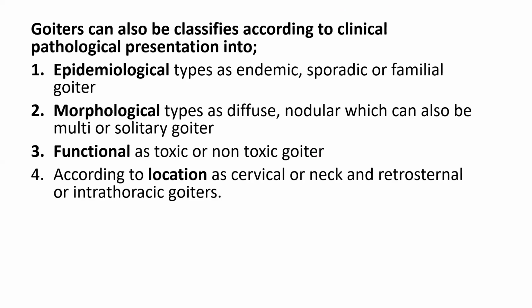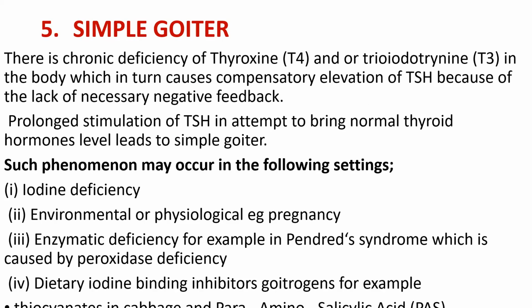But also can be classified into the aspect of morphological, how they present morphologically, like diffuse, nodular, which can also be multinodular or solitary nodular, but can also be classified into functional aspect as toxic or non-toxic goiter. Also, sometimes you can classify them based on the location, like you have cervical or neck, or we have retrosternal or intrathoracic goiters. So let us now cover a simple goiter.